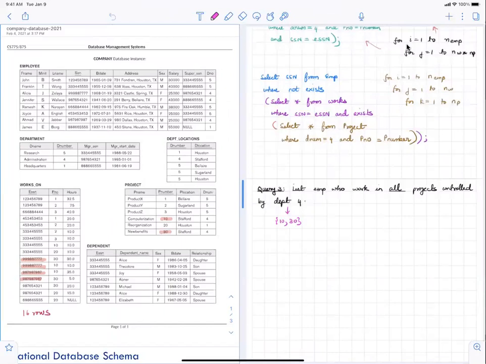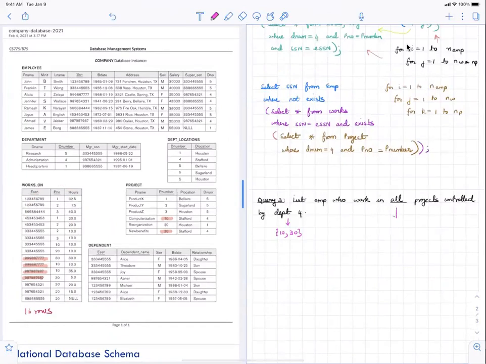If you look at the works on table out here, the only 2 employees who work in both 10 and 30 are 9879 and 9998. These are the only 2 people in the works on table that work in all projects run by department 4.